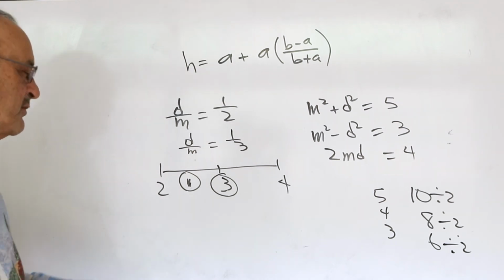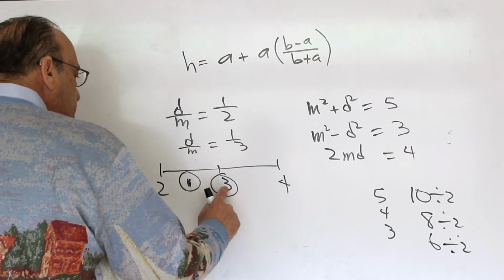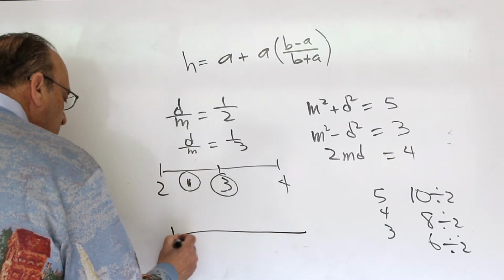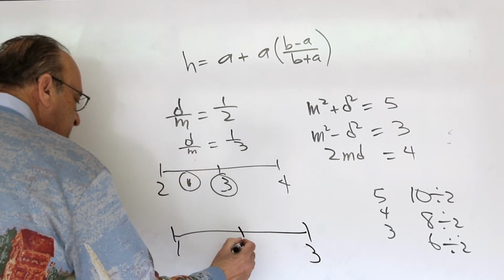Now what if I want to go back again? I want to make a full loop. So if instead I put 1 and 3 here, then I get 2 and I get 1.